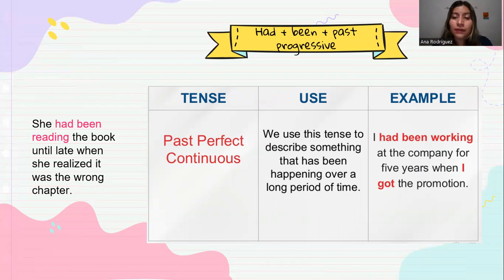I have been working at the company for 5 years when I got the promotion. And also, as you can see, we combine either past perfect or past continuous with the simple past. In the example, we have, she had been reading the book until late when she realized it was the wrong chapter.